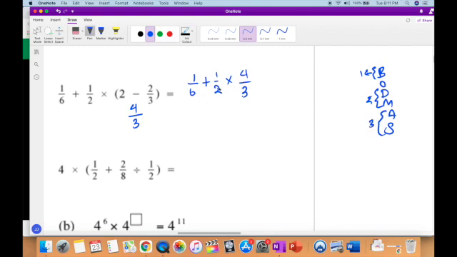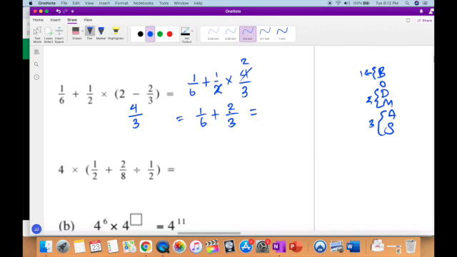We do the multiplication, so you can see here that 2 could go into 4, and we'll get 2. So now it becomes 1 over 6 plus 2 over 3. Can 1 over 6 be expressed as something over 3, or can 2 over 3 be expressed as something over 6?